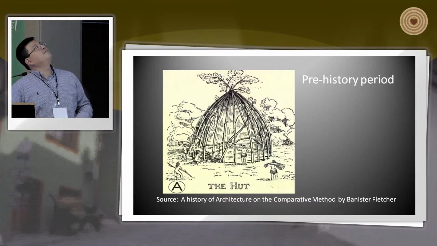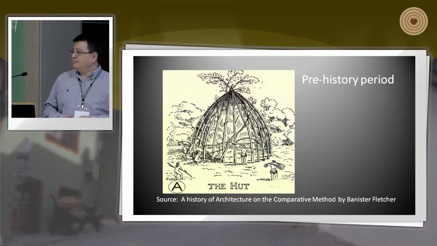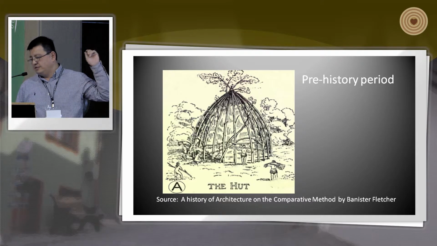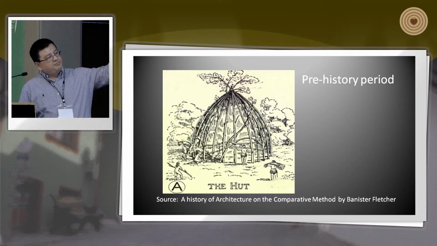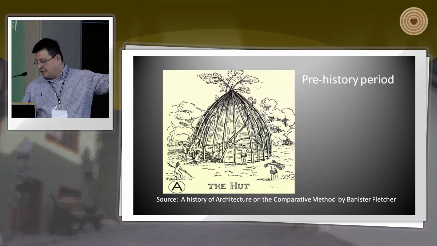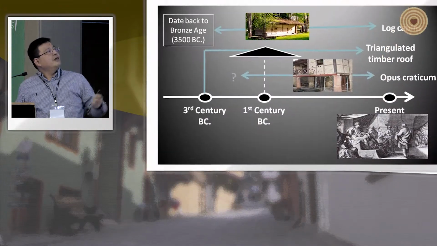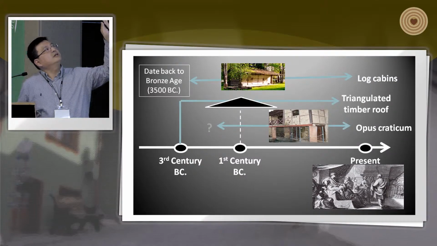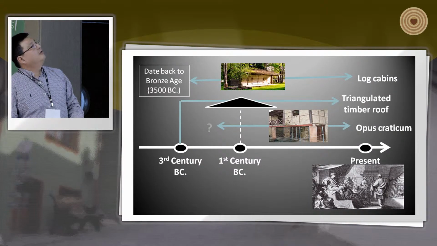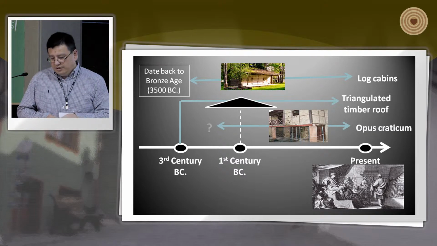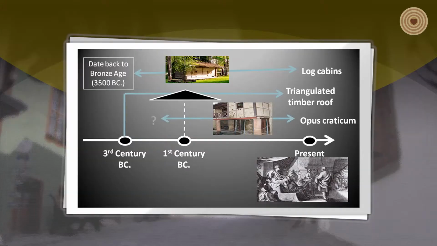If we start from very long time ago, this is the hut in the European prehistory time, when people started to use timber. After that there are two different types of traditional timber structure.